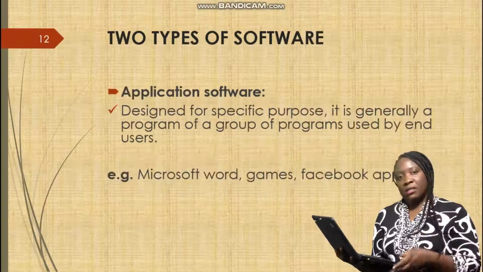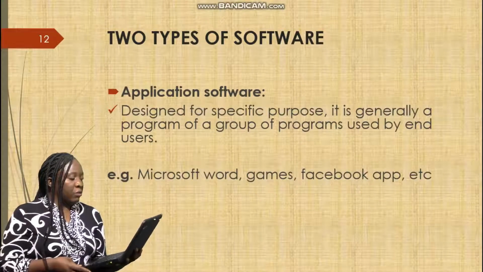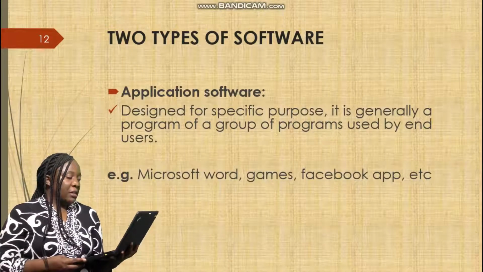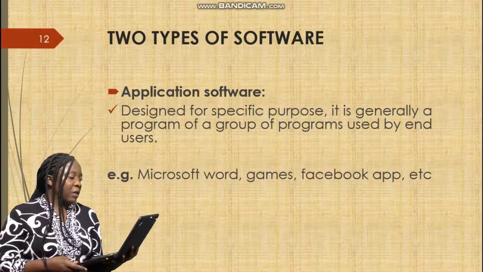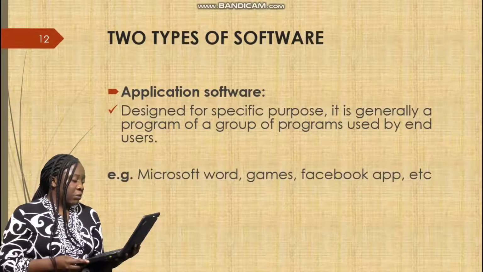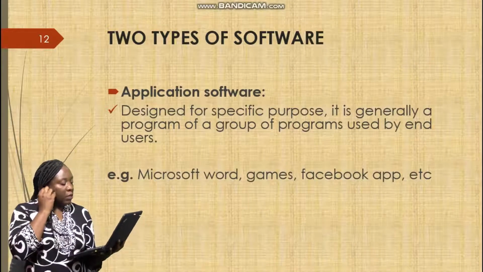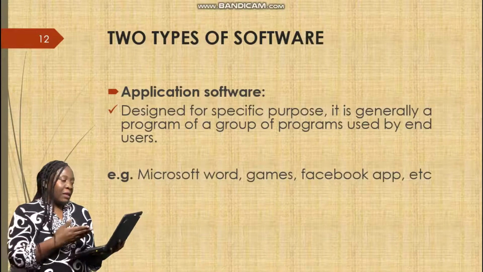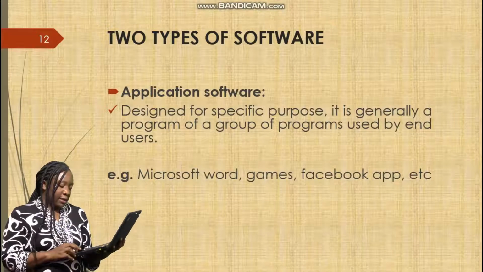Then we move to application software. Application software is designed for a specific purpose. It is generally a program or a group of programs used by end users. Examples are Microsoft Word, game apps, Facebook, and WhatsApp. These are commonly known as apps.